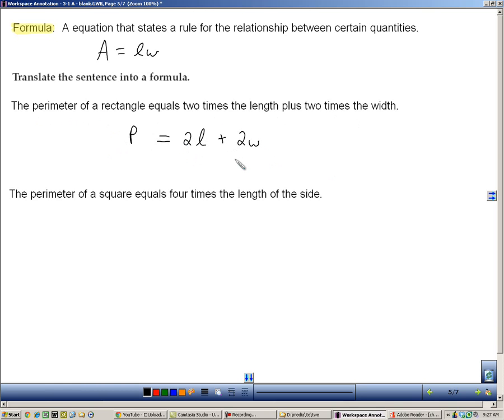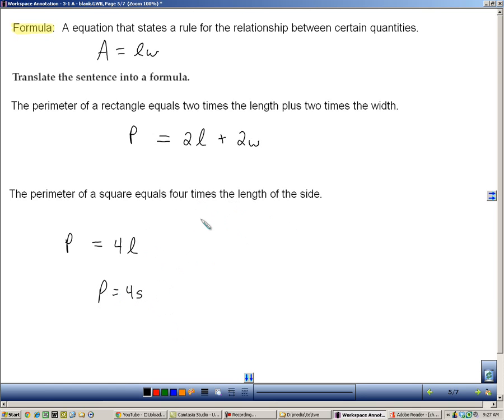In our second example, we talk about perimeter again, so I'm going to use a P to represent perimeter. This time the perimeter of a square equals 4 times the length, so 4 times L, the length of the side of the square. So there we go, 4 times L. I've seen 4S be the formula also, S meaning the side of a square.